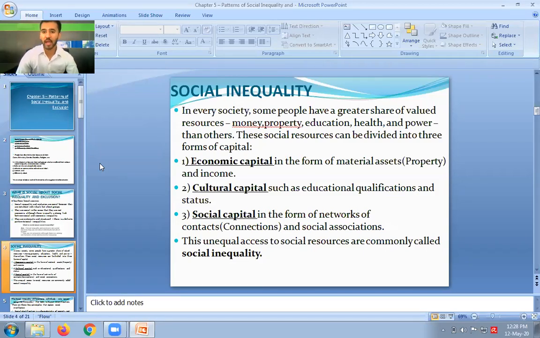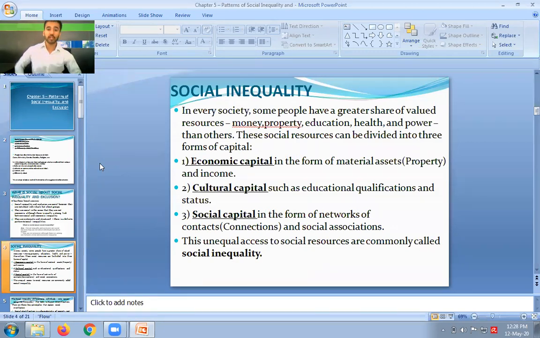Under economic capital, your property comes, your income comes, the material assets that you have in the form of property. Everything related to money and property comes under economic capital.